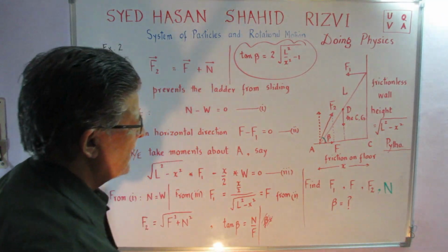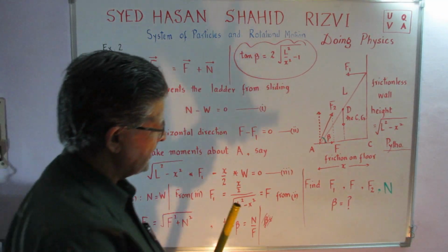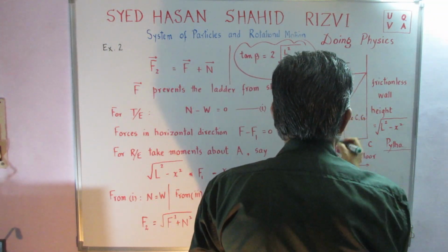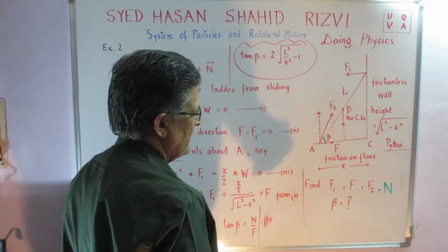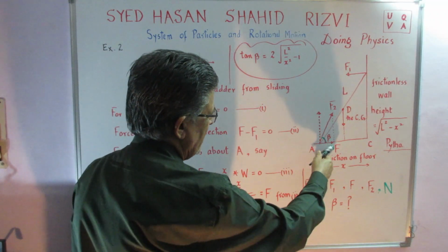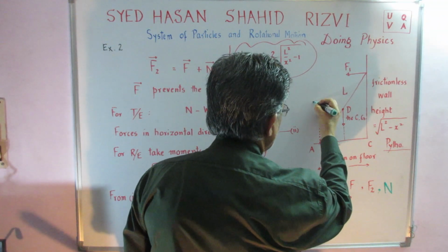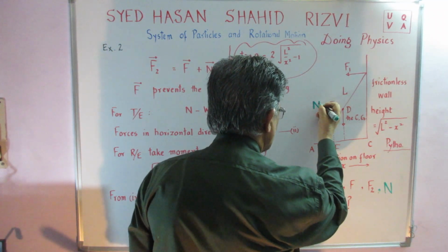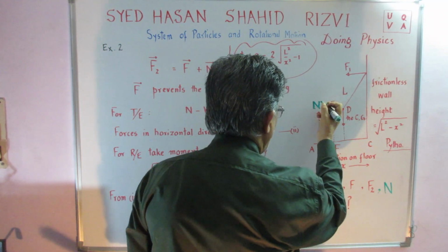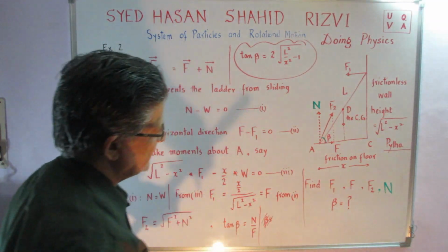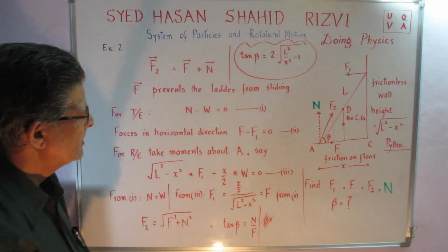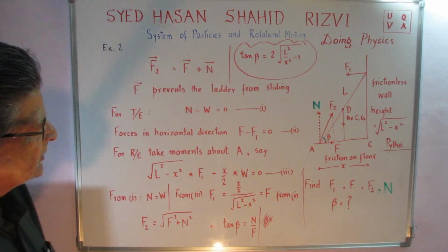So the force which is acting over here comprises two forces. One is F and the other is the normal force that exists over here. Normal reaction of the floor on the tip of the ladder.